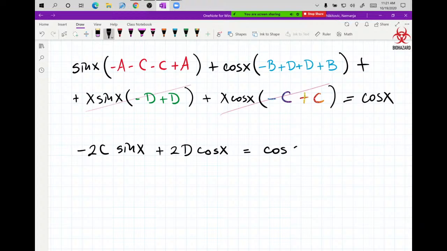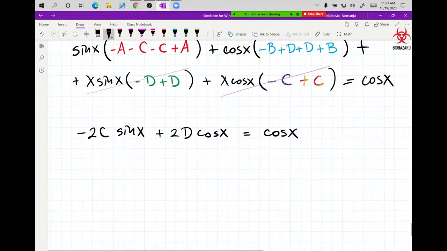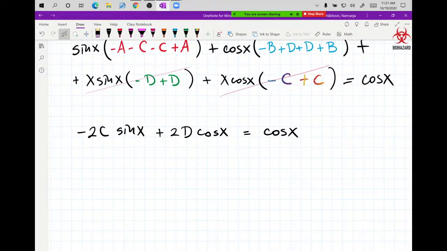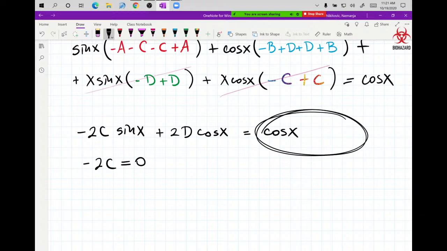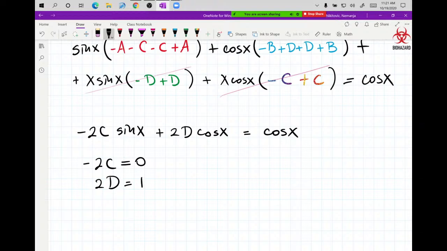Equals cosine x. From here, I see that negative 2c is equal to 0 because there is no sine on this side. And that 2d is equal to 1. So c equals 0 and d equals 1/2.